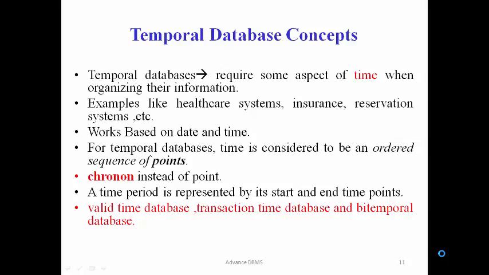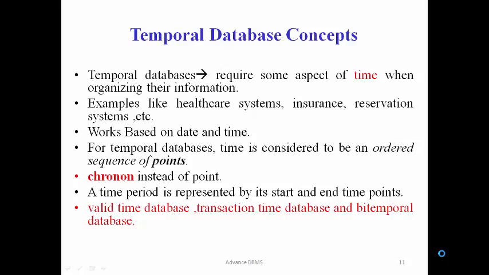In valid time databases, a time is interpreted as a valid time of a database. So each activity or each transaction in the database is associated with time. Then the transaction and its values and time are together considered a valid time database.